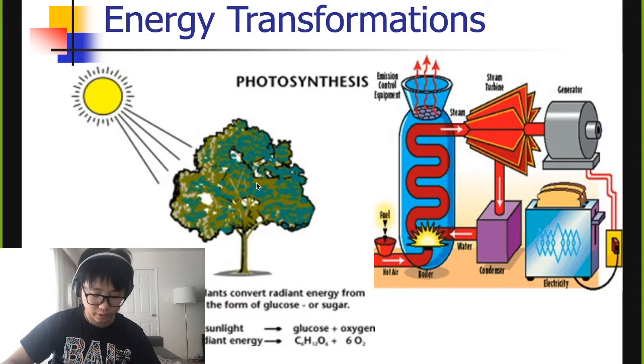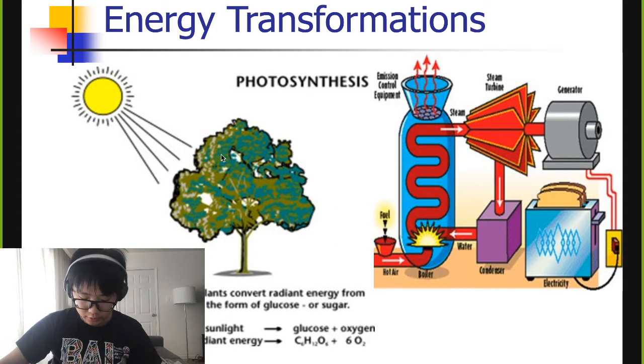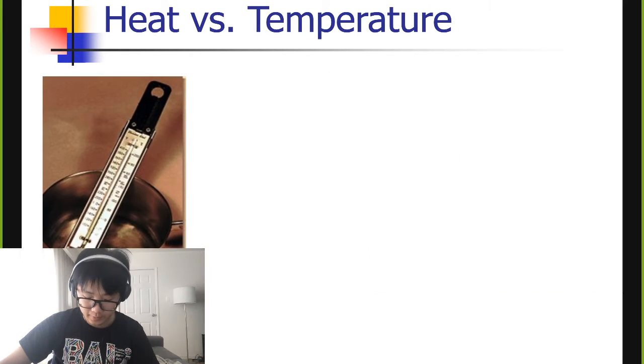The big picture is we're taking, in reverse, oxygen and glucose, returning it back to carbon dioxide and water. So there are different kinds of energy transformation. Sunlight energy, heat energy, has turned into chemical potential energy that's stored in glucose in this case. So that's an energy transformation.